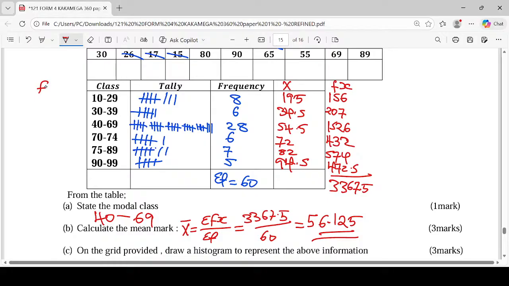And to get the frequency density, this is given by the frequency over the class width.